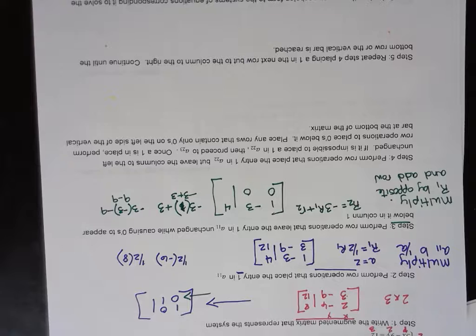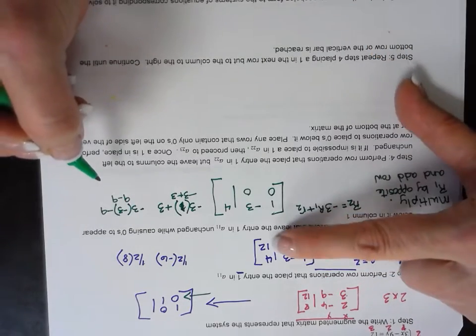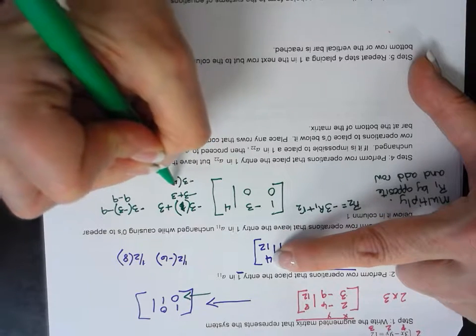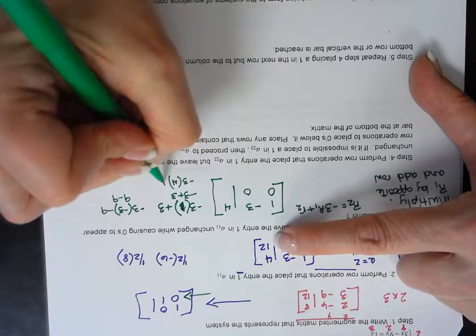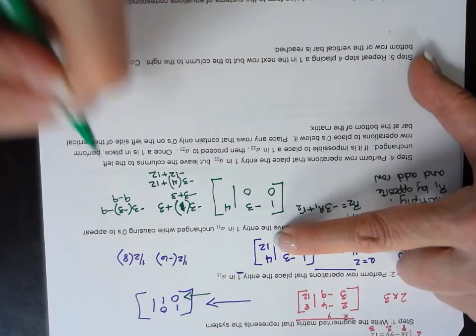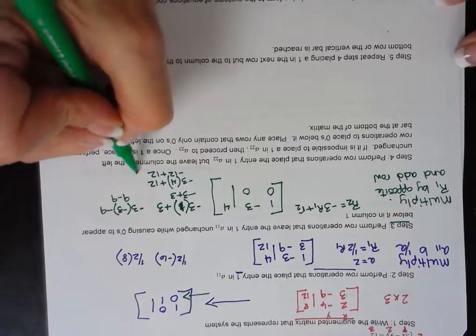That gets me a 0. And then my last position, I have negative 3 times 4 plus row 2. So I get negative 12 plus 12. Hey, that gives me 0.